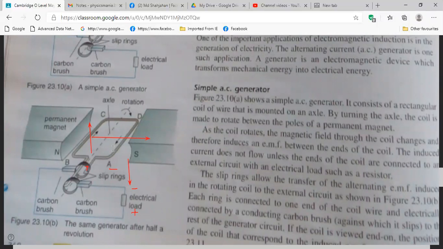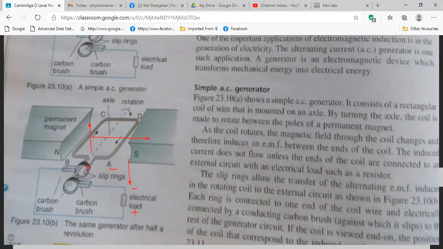And the amount of current depends on the magnetic field lines cut, right? Changing magnetic fields. Is it clear to you? The magnetic field lines are not cut in the same way at all positions. At the position where the magnetic field lines are cut more, we get more induced EMF.